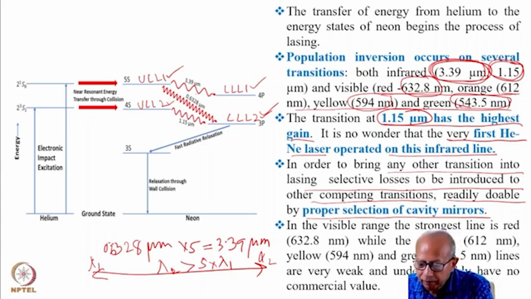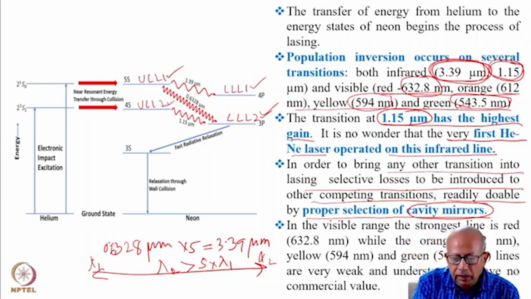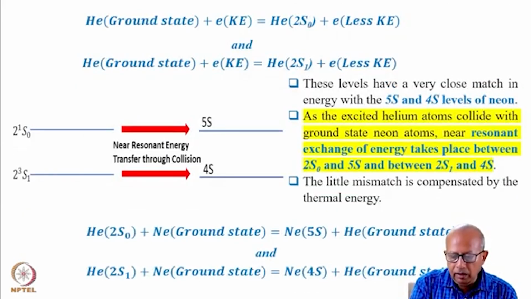That is why the wavelengths are selected by selectively introducing loss, simply by using a cavity mirror of appropriate transmission loss. Let me elaborate it a little.